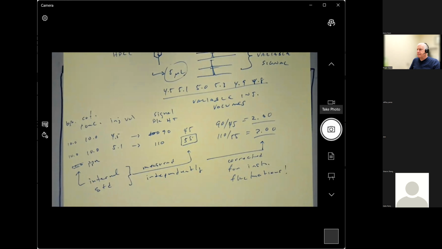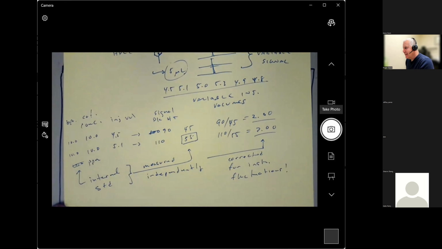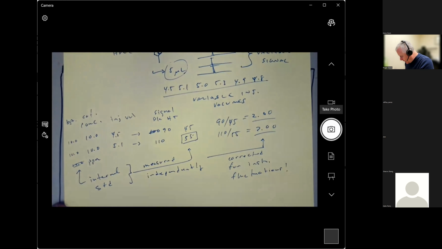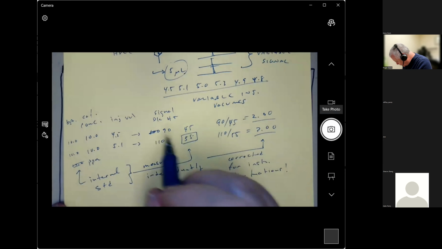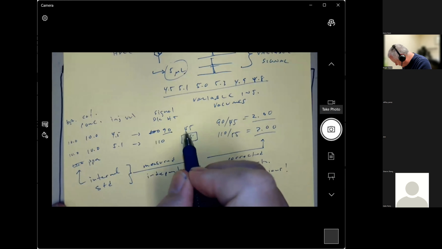Does that make sense? Yes. Professor, how do we know that the signal for the benzoic acid would be 45 and 55? Okay, so I know that if it's 90 here, it's half of it there, right?